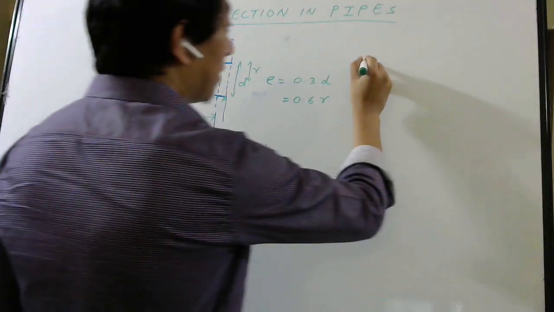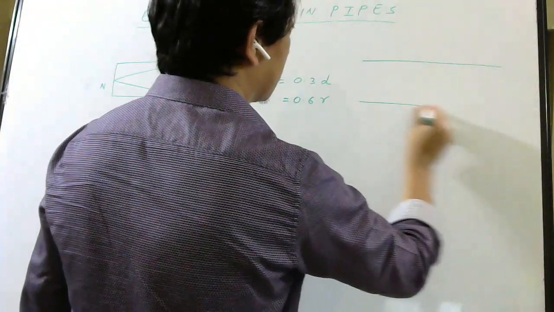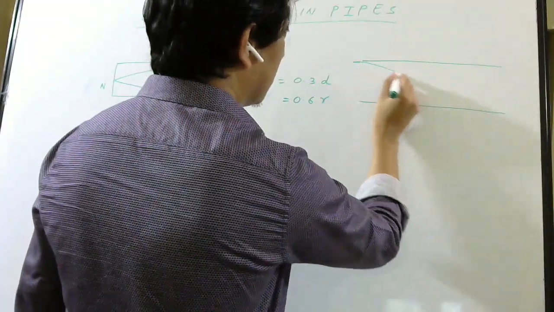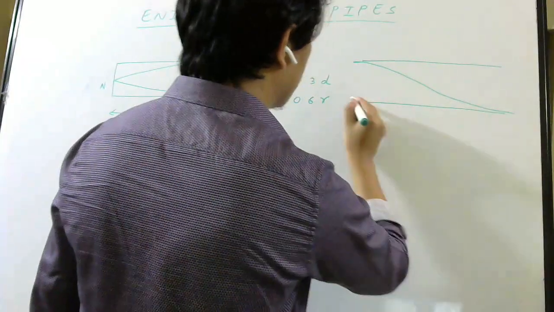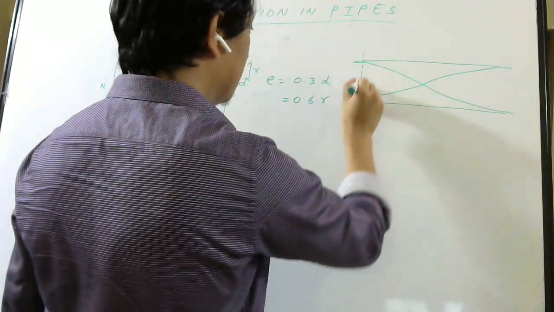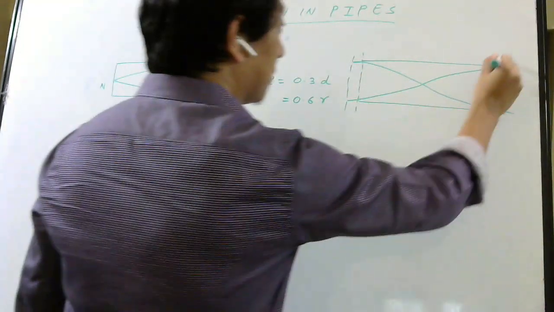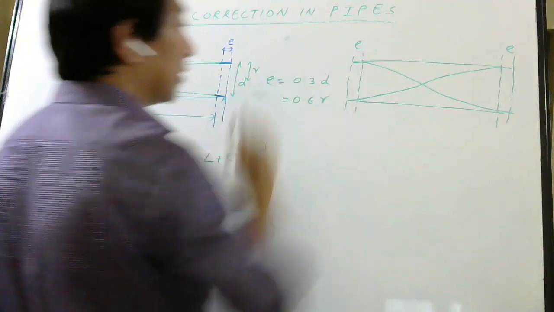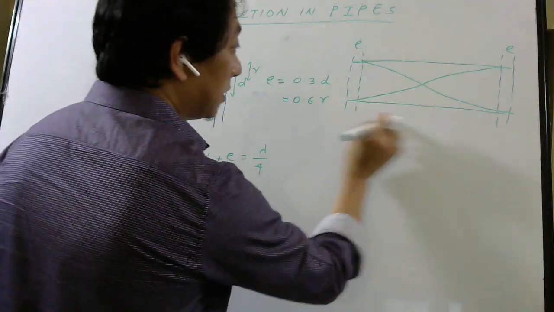In case of an open pipe, since both ends are open, the waveform will look slightly like this. A little bit outside it will go. Here E, here E. So now this is the length of the pipe.